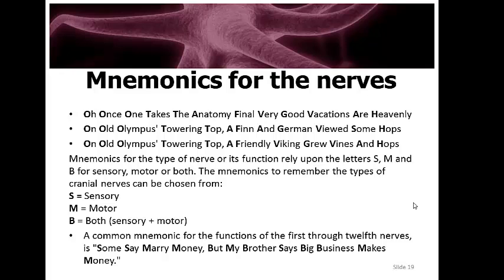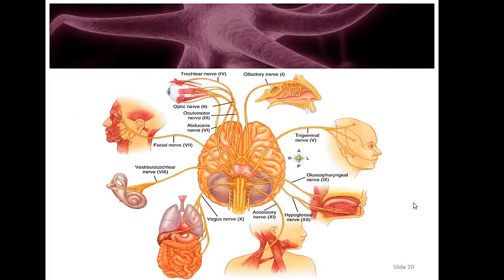So we can link that to the mnemonic for the 12 cranial nerves up at the top. And this is a great image in your textbook, one of the many great images that show the 12 cranial nerves and what their function is or what they affect.